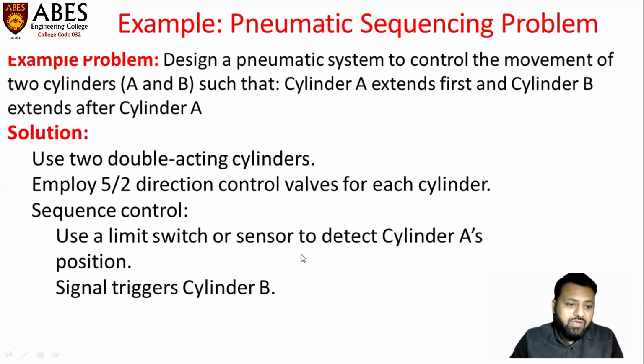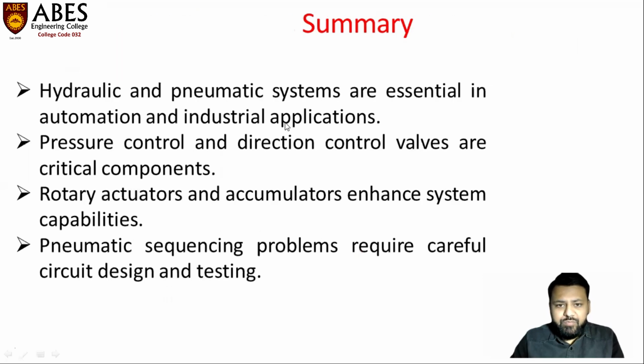After that, we trigger a signal that actuates cylinder B. After cylinder A is extended, we perform the operation for cylinder B. So this is the solution of this sequencing problem, and this is all about this topic.